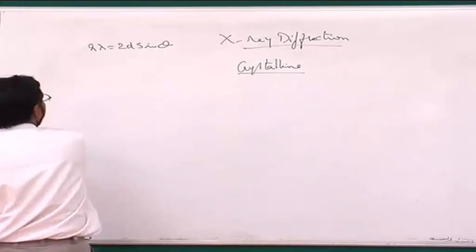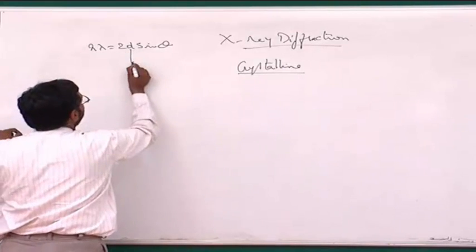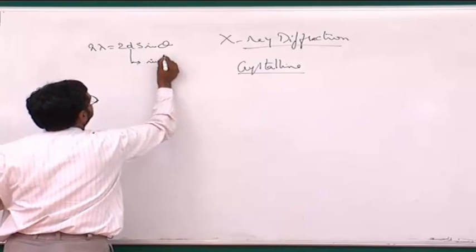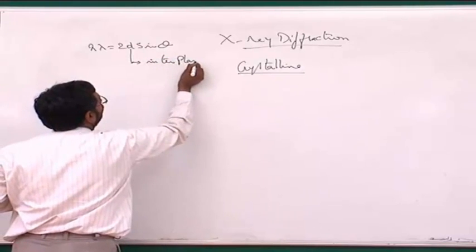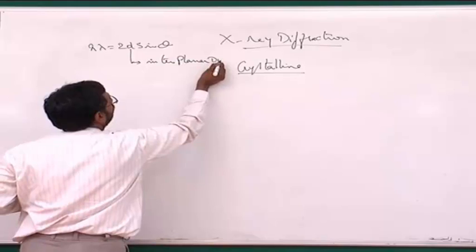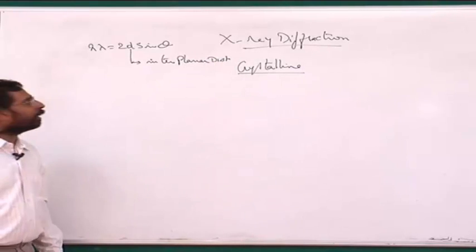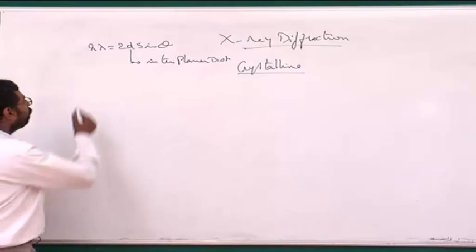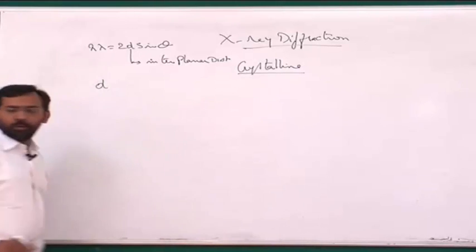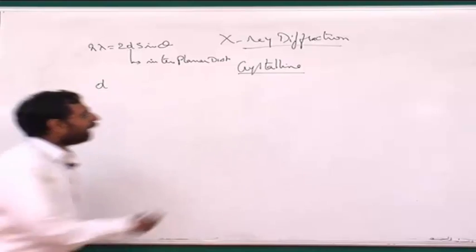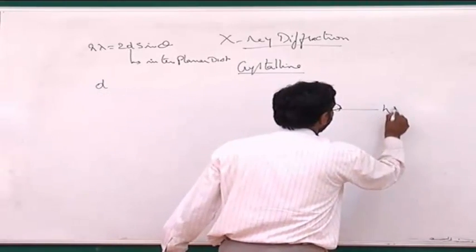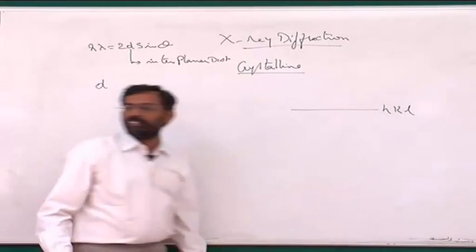And in this, what is d? d is called the interplanar distance, the distance between certain planes, and this interplanar distance is related to the nomenclature that we are using for the plane, that means the indices of the plane.